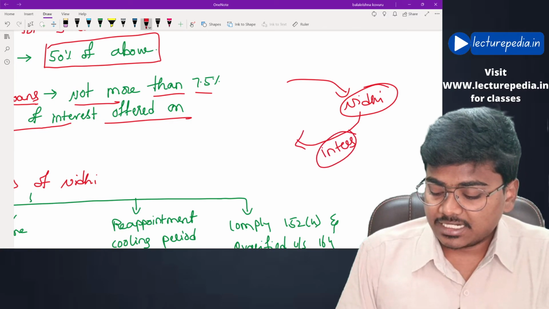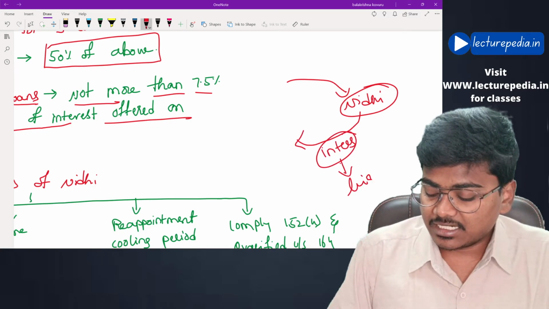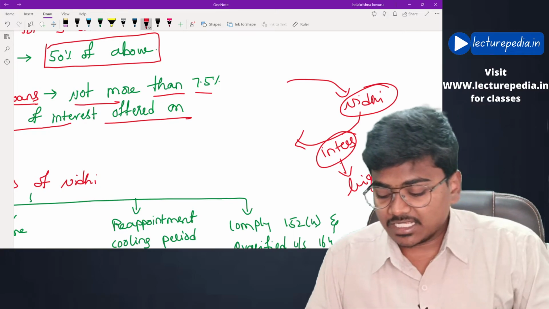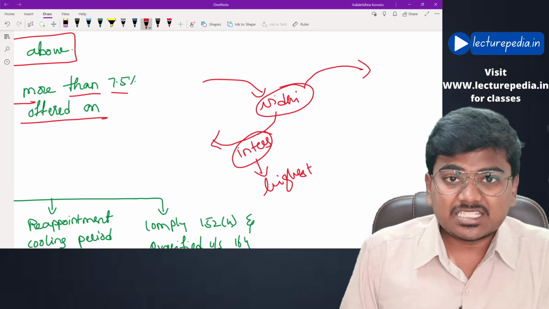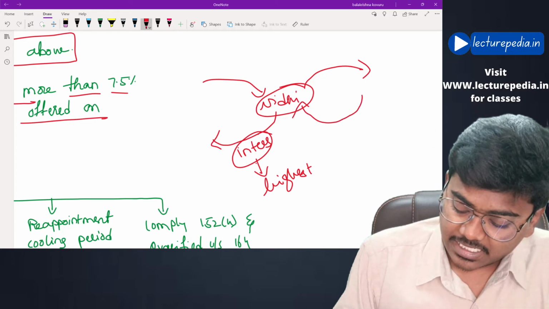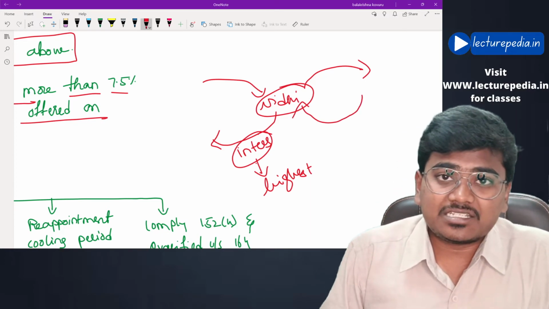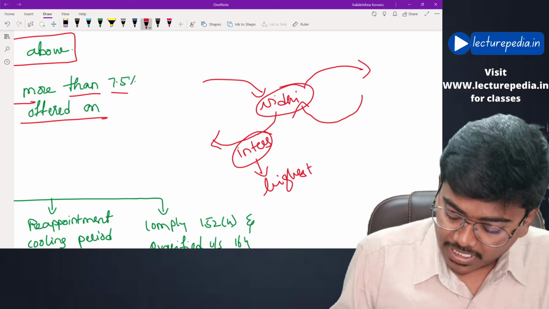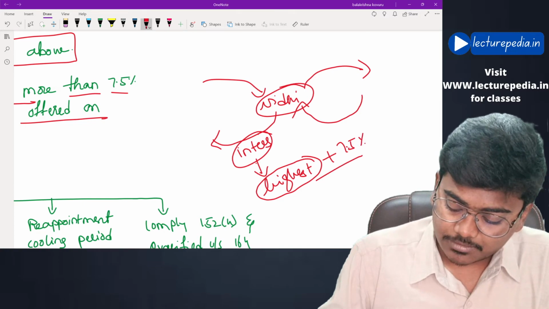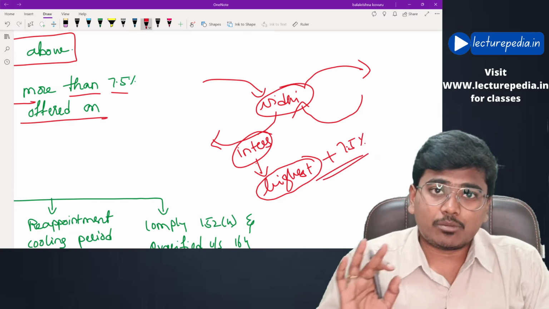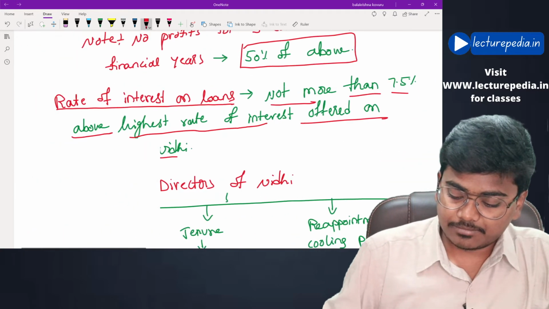Now, in these interest rates, take the highest interest. Now, Nidhi is giving the loan. Okay, if Nidhi is giving the loan, it will charge the interest. The maximum amount of interest that Nidhi can charge is this highest interest rate plus up to 7.5%. Okay, this is the maximum amount of interest rate that Nidhi can charge.